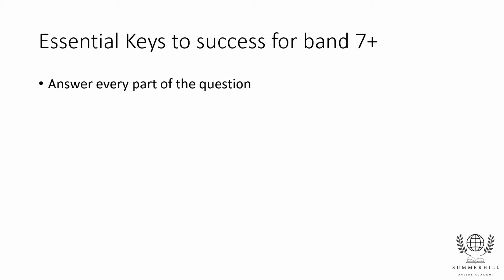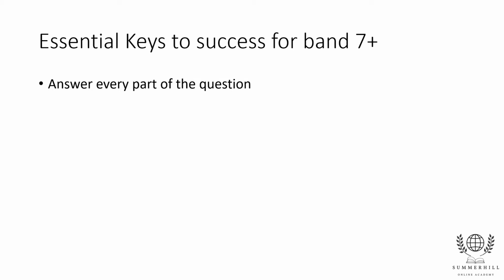For example, if the question asks us to weigh the advantages over the disadvantages of a particular issue, if we are to weigh them properly, we do need to talk about both the advantages and the disadvantages of that issue.